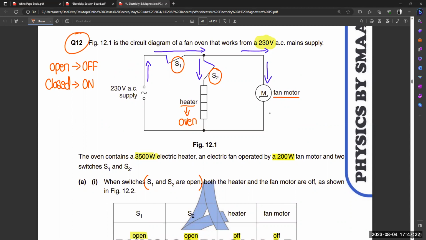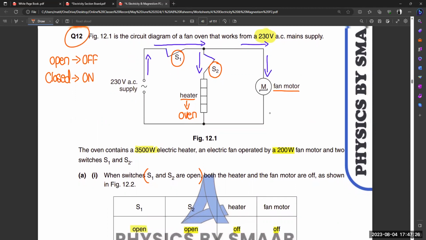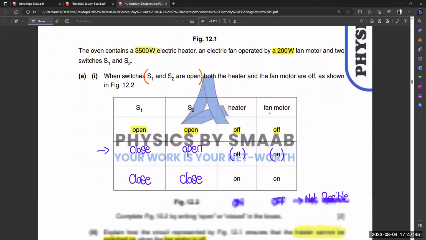It's a fan oven also. So basically the fan is connected over here to cool down the system or to maintain the temperature of the device. Otherwise, if we just turn on this heater directly, due to high temperature or high thermal energy, it might not work, it might melt down, and it will not work after that.